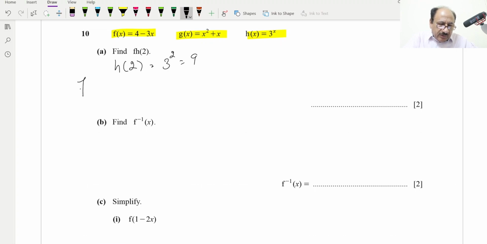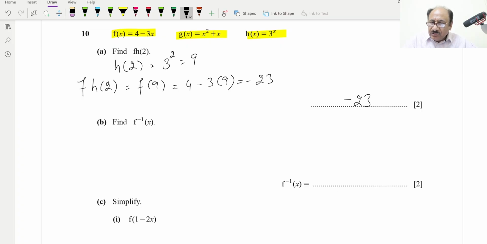So f of h of 2 will be equal to f of 9, and f of 9 will be 4 minus 3 into 9, so 4 minus 27 will be equal to minus 23. So minus 23 will be the answer for this part.